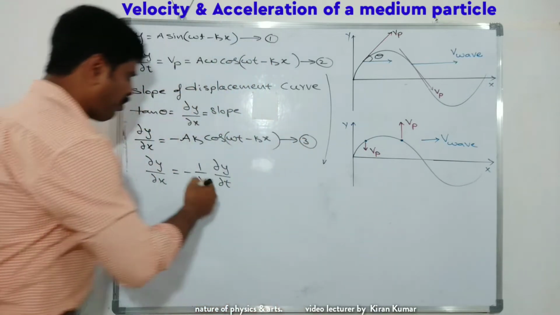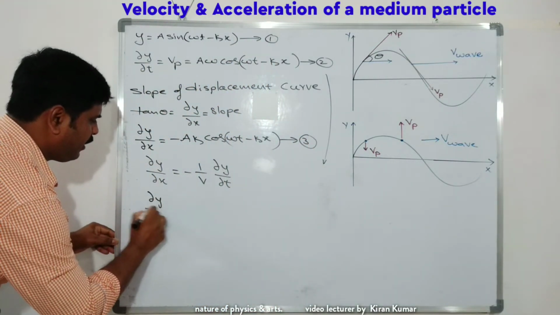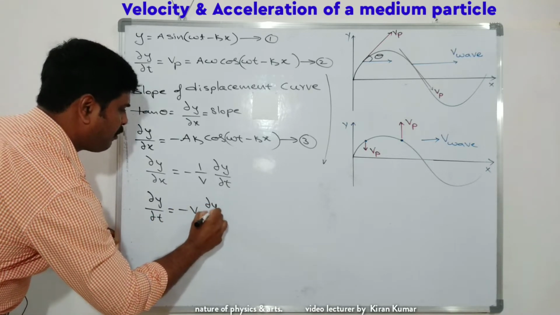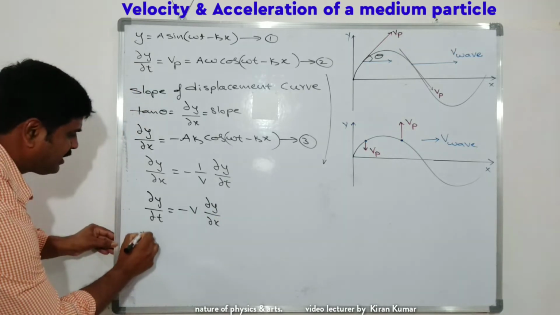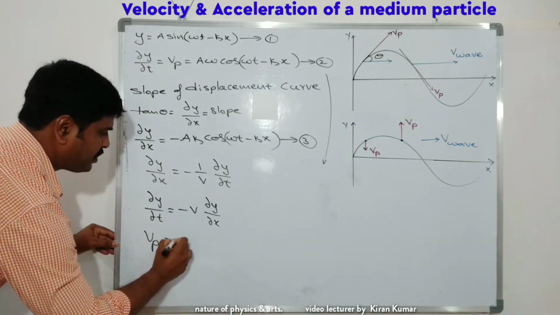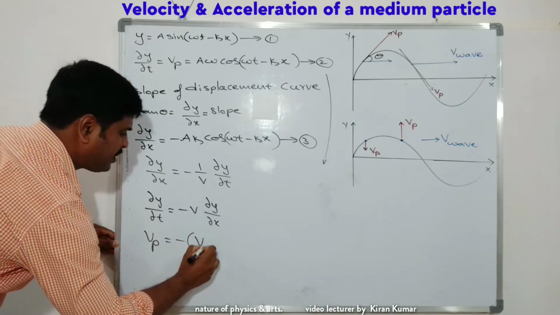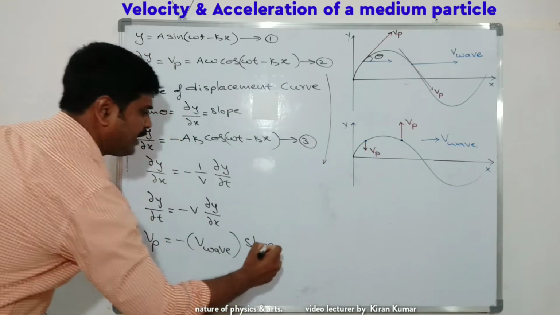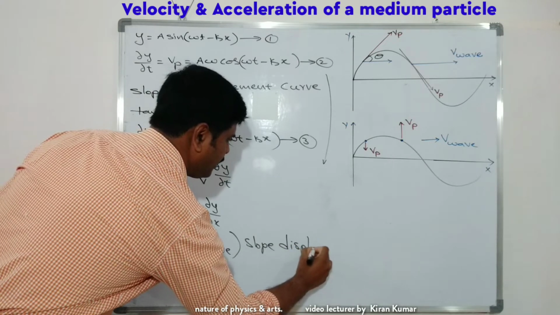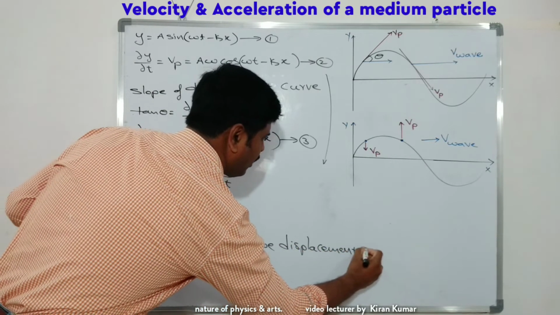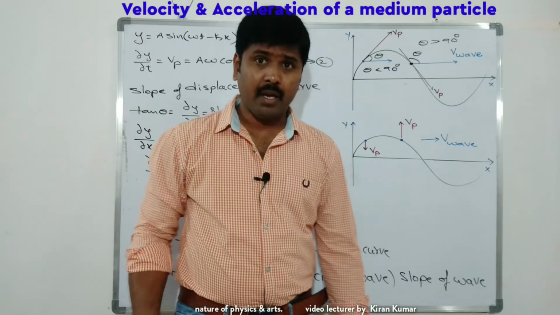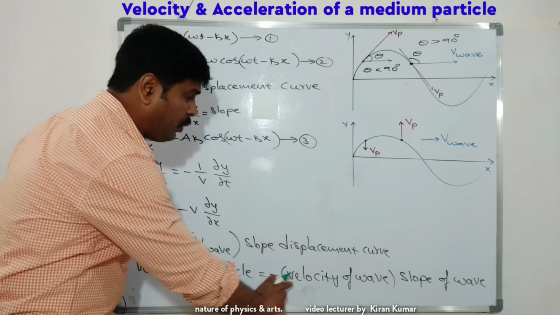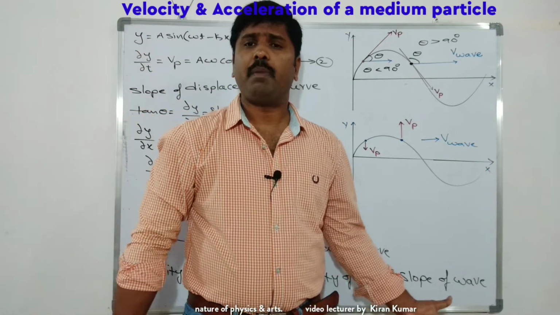Now from this equation, ∂y/∂t = −v ∂y/∂x. The velocity of the particle is equal to minus the velocity of the wave times the slope of the displacement curve. We got a relation: particle velocity equals negative wave velocity times the slope of the wave.